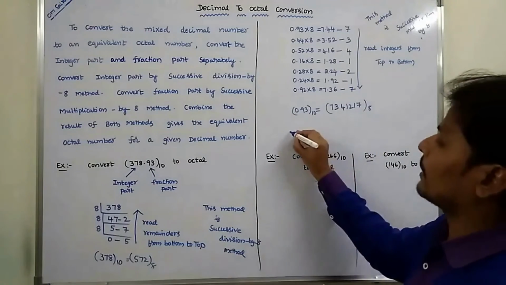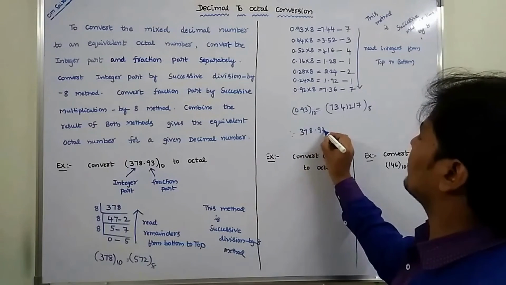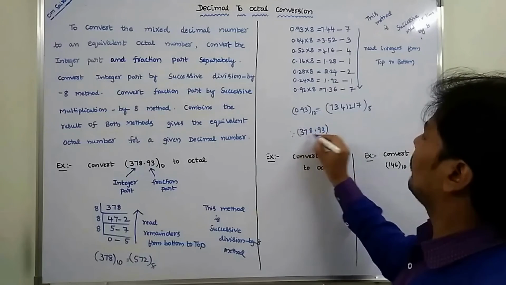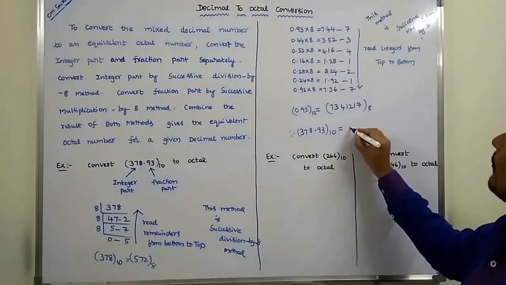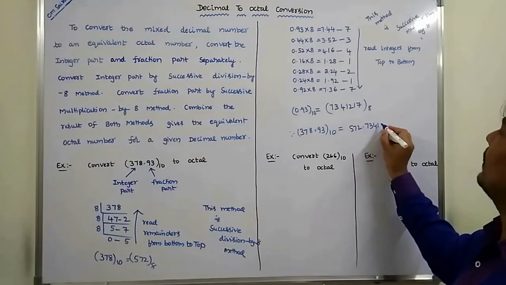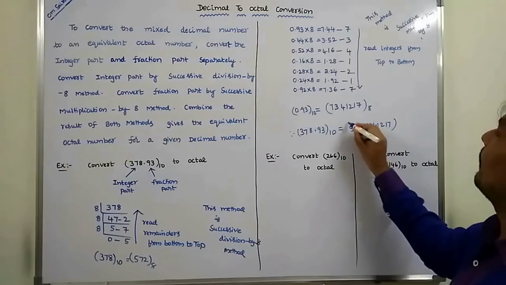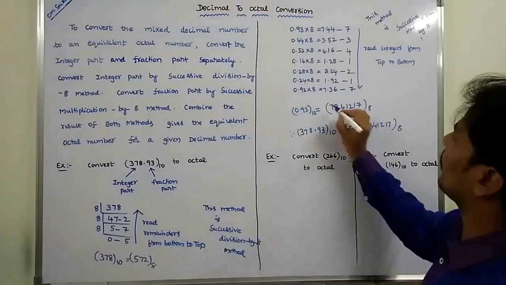So therefore 378.93 base 10 is equal to the result 572.7341217 base 8. This result and this result we have to combine.